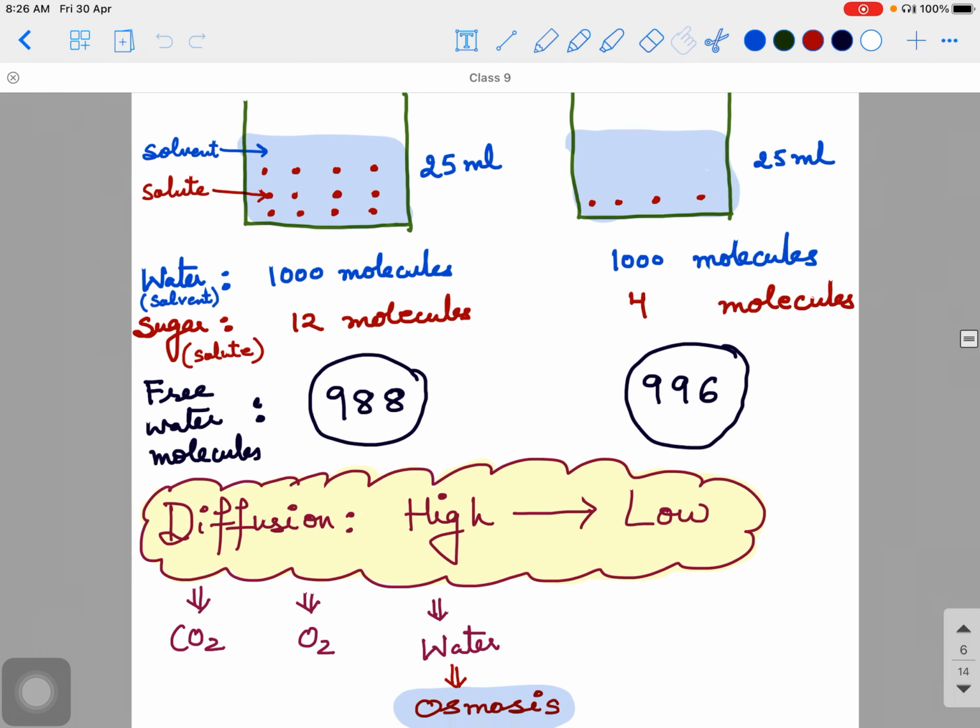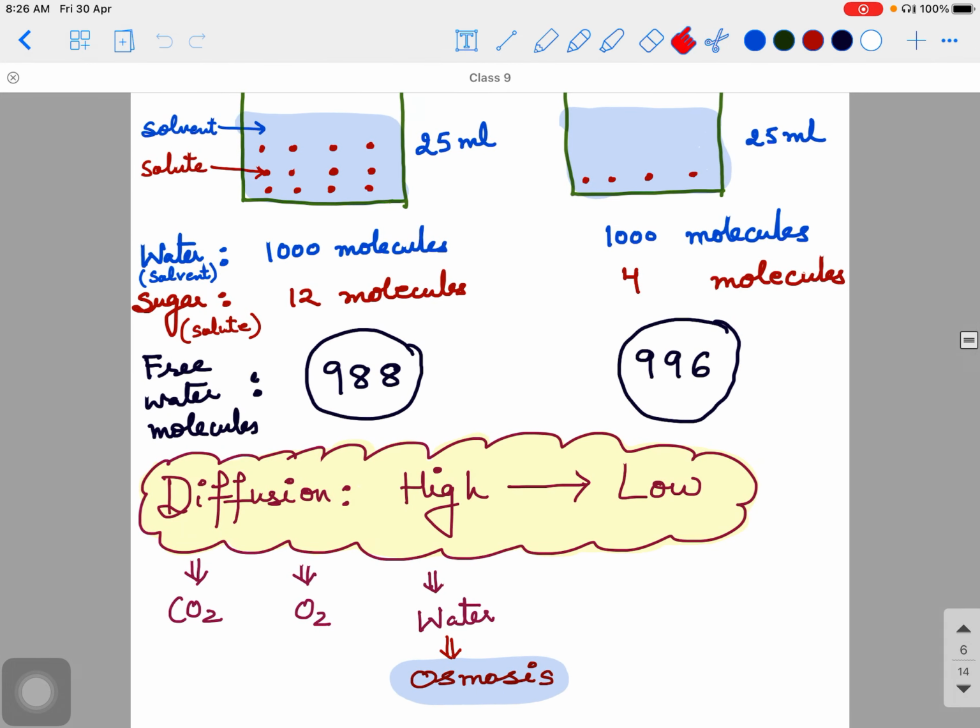But if we take water, the diffusion of water across a semi-permeable membrane is not called diffusion, it is called osmosis. I am repeating this because it is important. The movement of water from its higher concentration to its lower concentration across a selectively permeable membrane is called osmosis. So you have to keep in mind what osmosis is and what diffusion is.